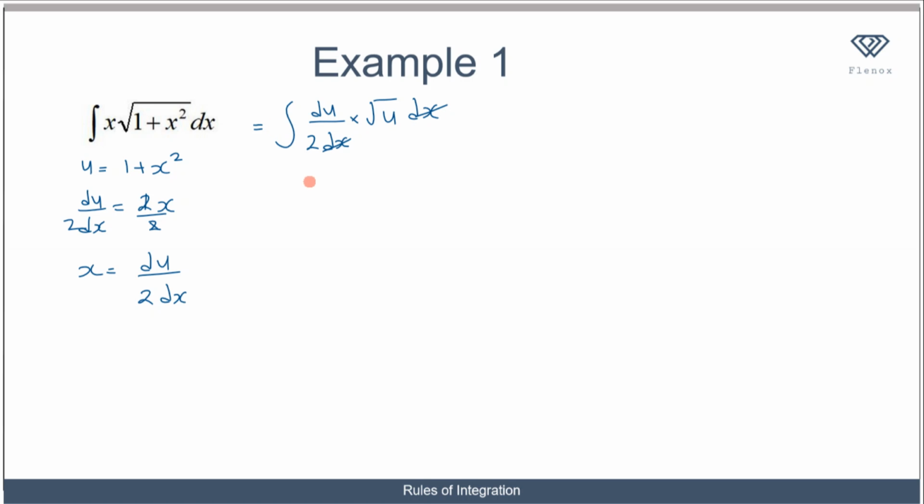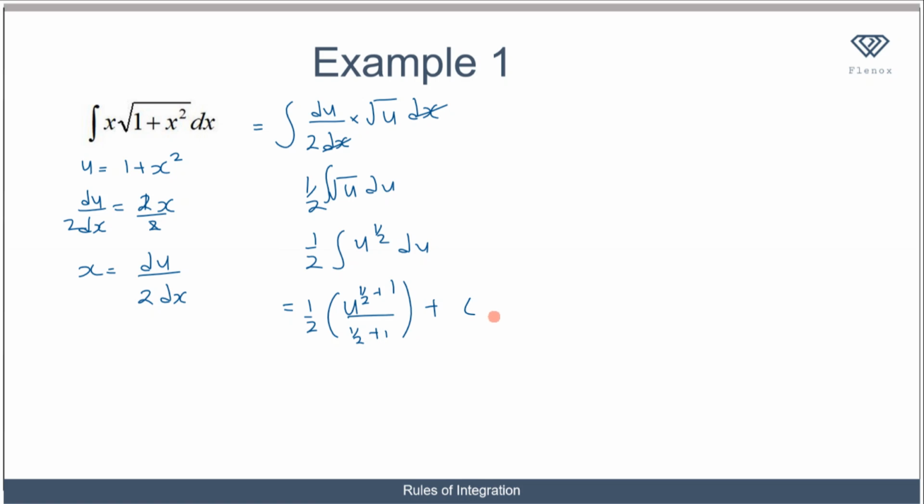I can bring out my half outside. So this is the same as having half of the integral of the square root of u times du, which is like having half integral of u raised by half times du. Now as you can see, I can easily integrate this with the use of my formula. So this becomes half into bracket u raised by half plus 1 over half plus 1, and then plus my constant of integration.